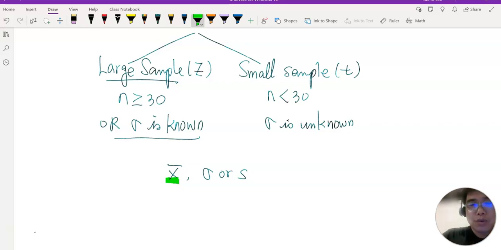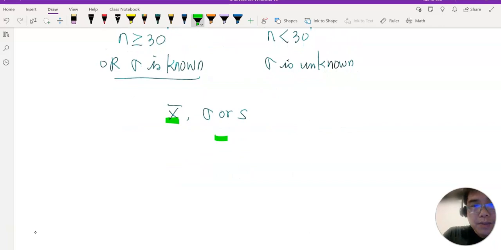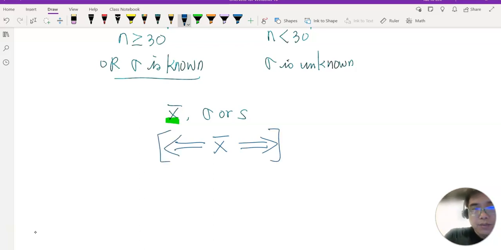Therefore, what do we want to do? We are making a little bit of space around the sample mean here. From the sample mean, we extend a little bit on the right side and left side, and make an interval here. And then we assume the population mean can be in this interval. That's how we want to conclude it.